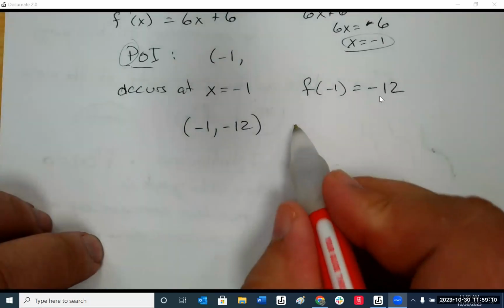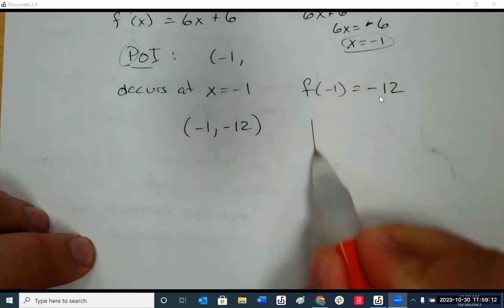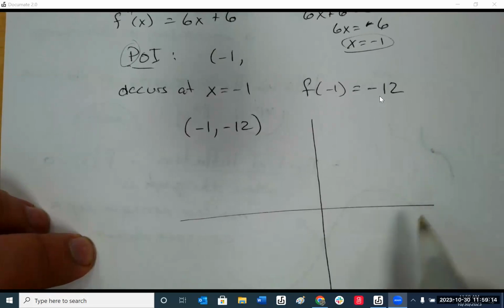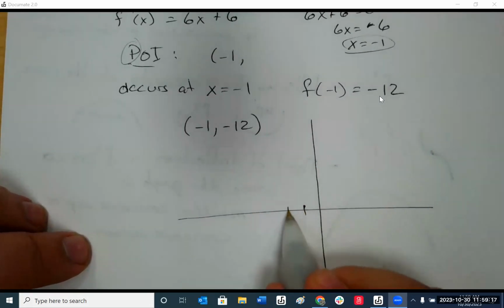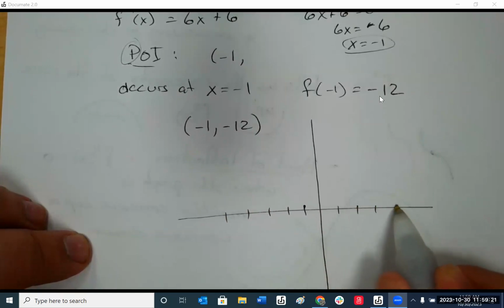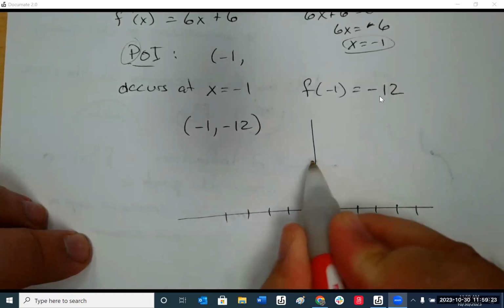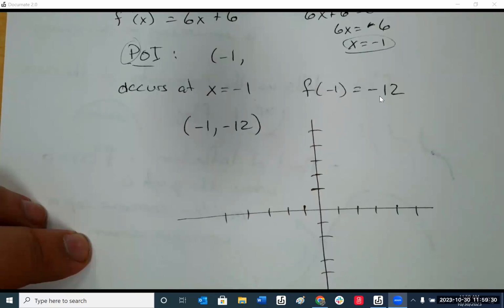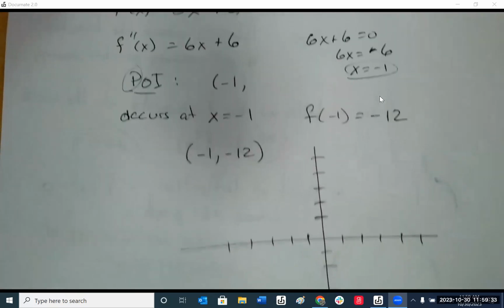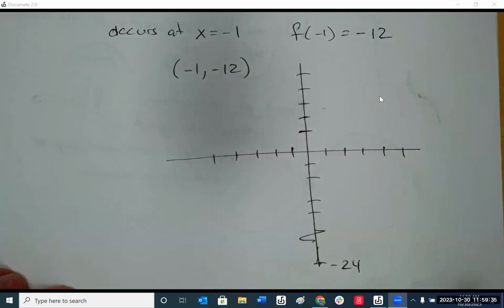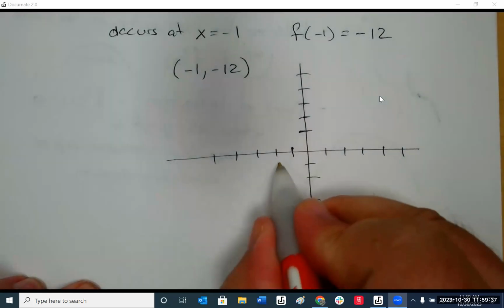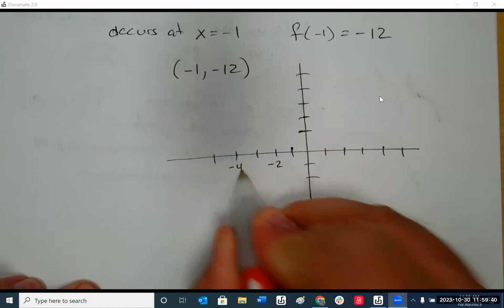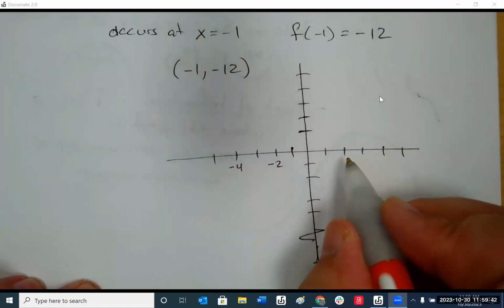Well, from the last graph that we had, put it down here. In our last graph, we knew we had x-intercepts at -2, -4, and 3.